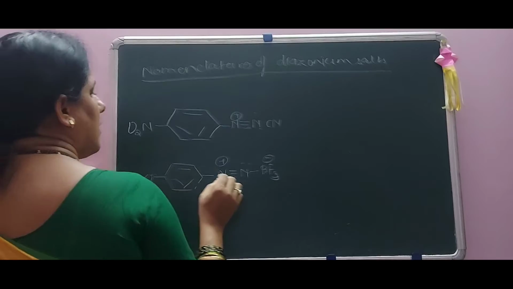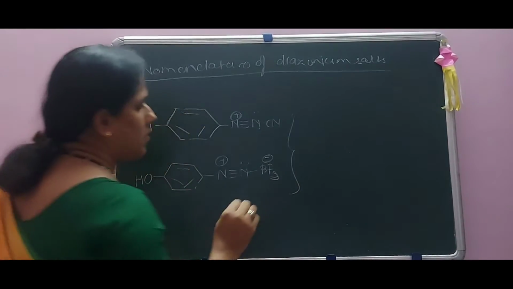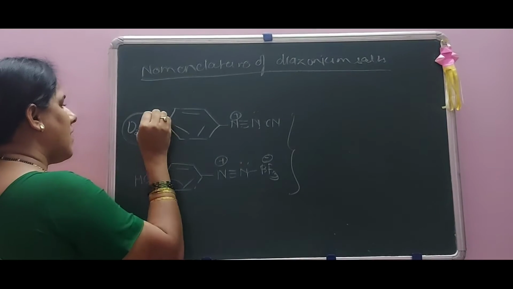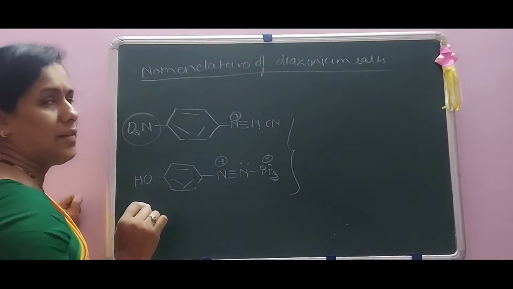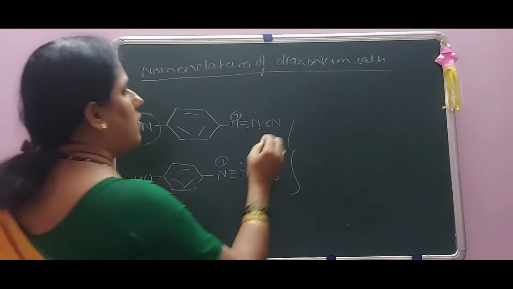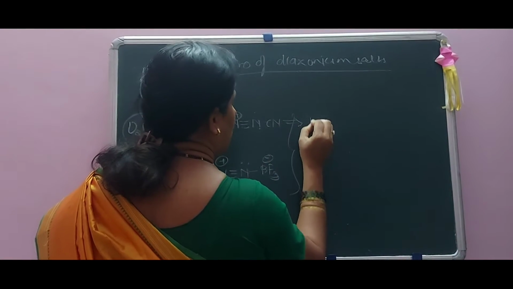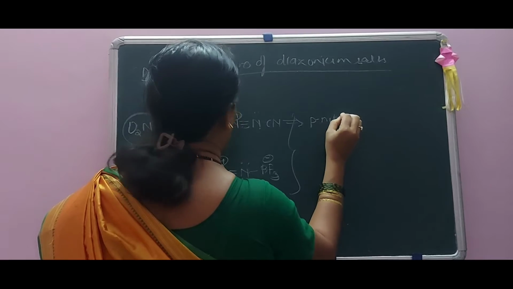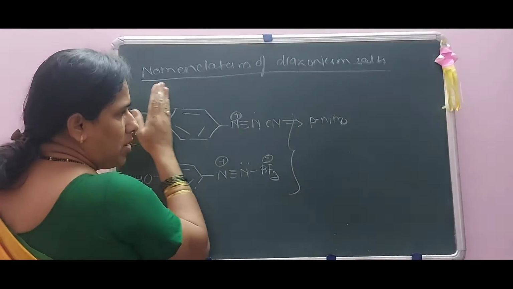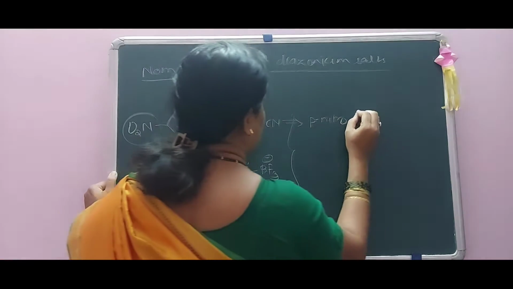Now for these two compounds, how are the names considered? First, you have to identify this group. What is this group? That is the nitro group. Which position is it located in? Para position. Therefore, you write para nitro. From the right portion, that is benzene.